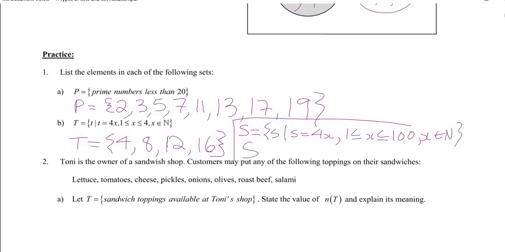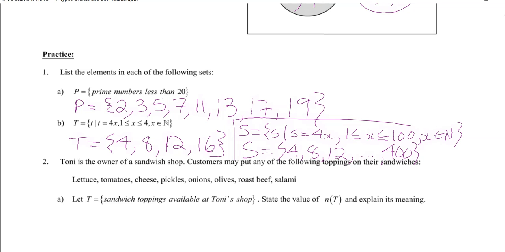So if we wanted to show that set, we just start out that way. We know we're going to get 4, x will be 1, then 8, then 12. Where's it going to end? 400. And that's another way to write a set.